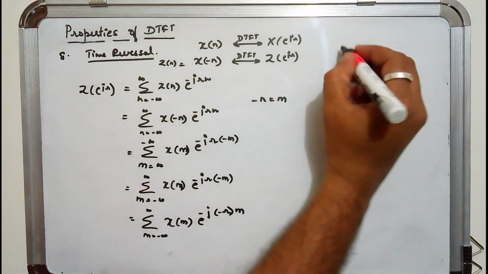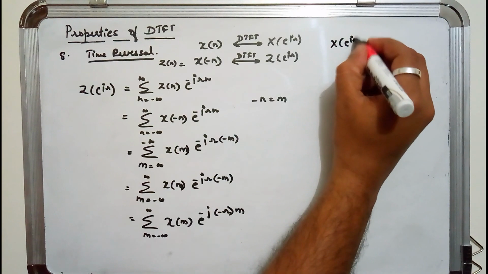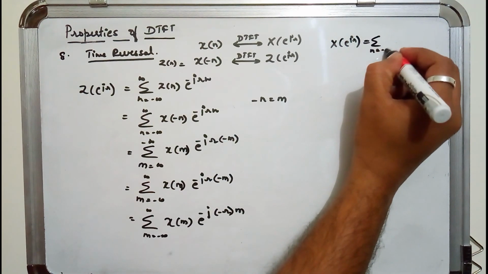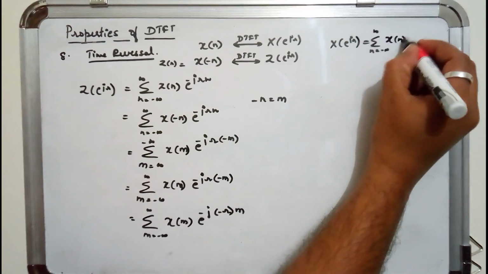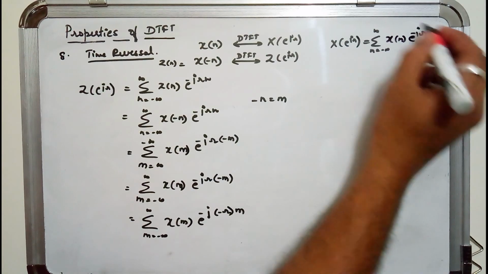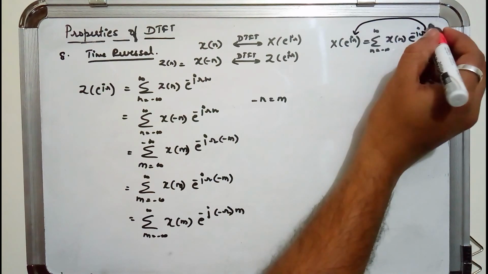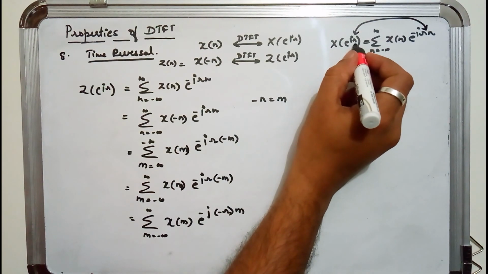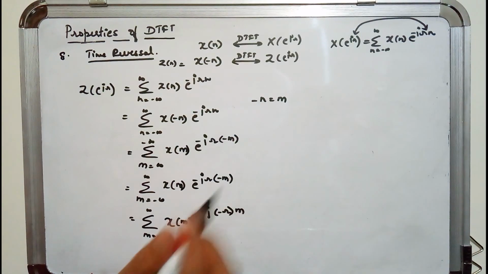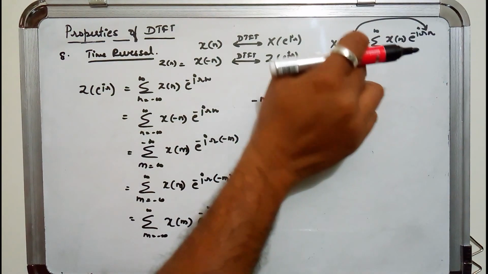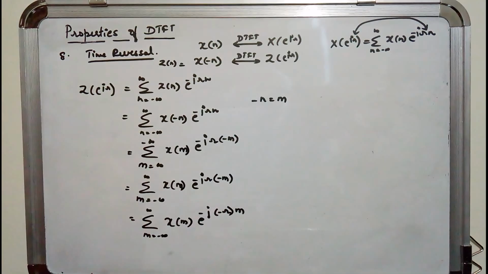So if you have X of e power j omega as summation n equal to minus infinity to infinity x of n e power minus j omega n, this omega will be replaced here. That means if there is a shift, there will also be a shift in the DTFT of x of n. So what you have here is minus omega. So this will be equal to X of e power minus j omega.